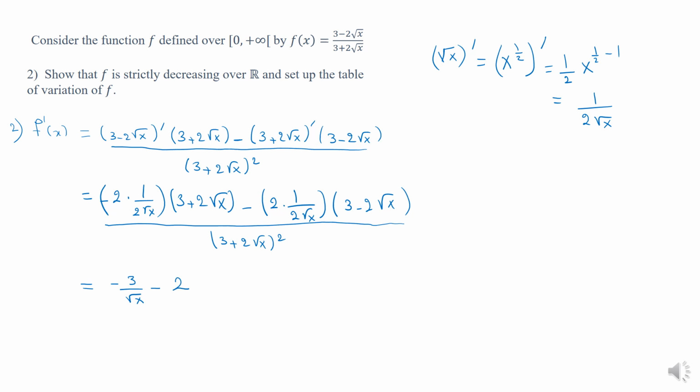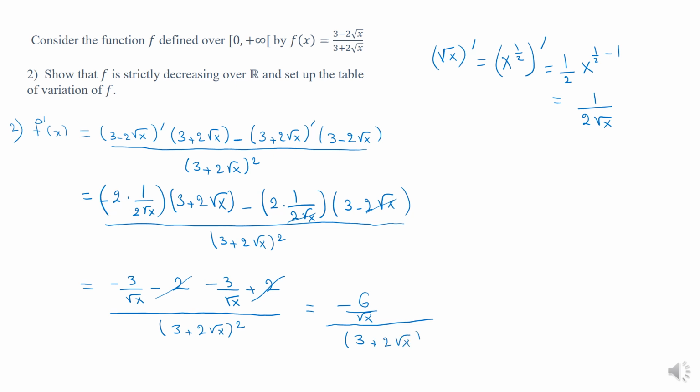This is minus 3 over radical x plus 2. 2 radical x with 2 radical x, you will have 2. 1 over radical x times 3 is 3 over radical x, over 3 plus 2 radical x power 2, which is negative 2 with positive 2, minus 6 over radical x over 3 plus 2 radical x squared.